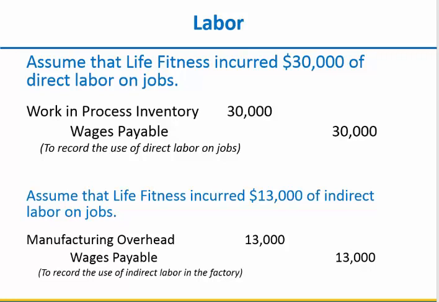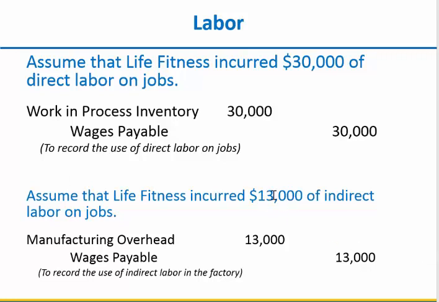So you can have 30,000 credit posted to the wages payable, and you're going to post the 30,000 debit to the work in process inventory. So you can see that work in process inventory increases again by 30,000 because now you flow the labor cost into this factory to do your manufacturing.